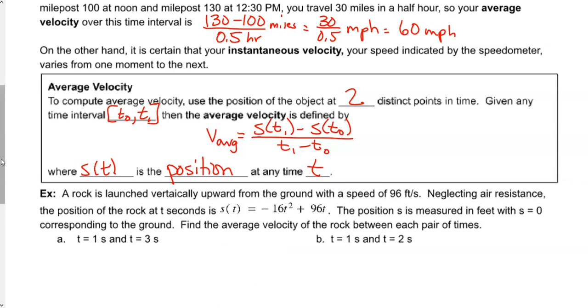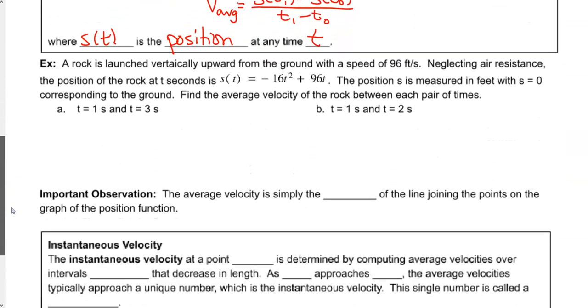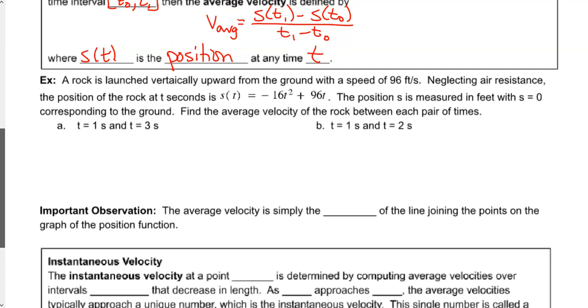Okay? So we have this example here. We have a rock that is launched vertically upward from the ground with a speed of 96 feet per second. Now, neglecting air resistance, the position of the rock at t seconds is defined by this position function. The position s is measured in feet, with s equaling 0 corresponding to the ground.